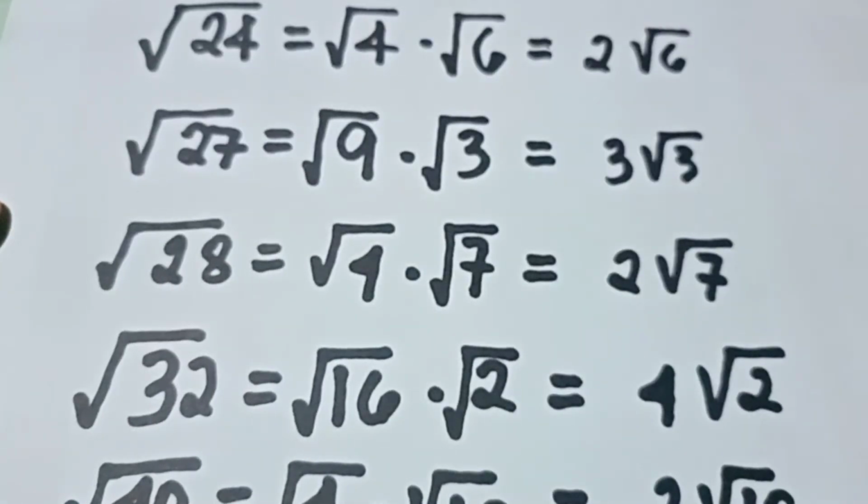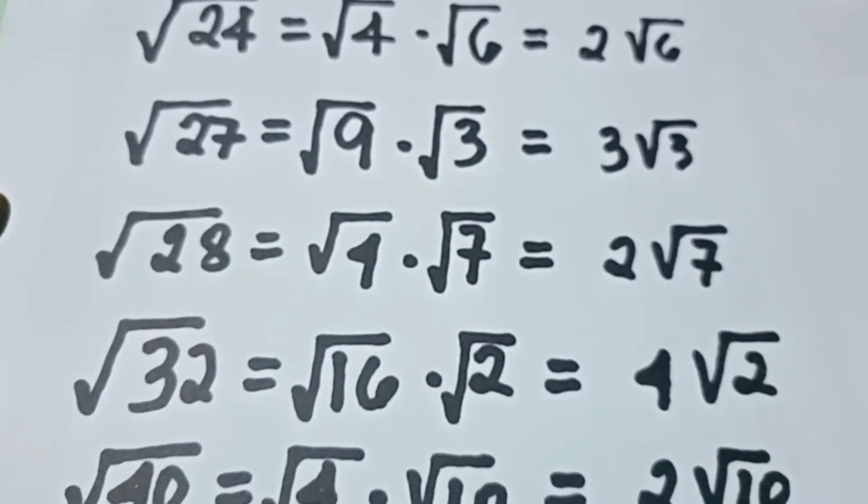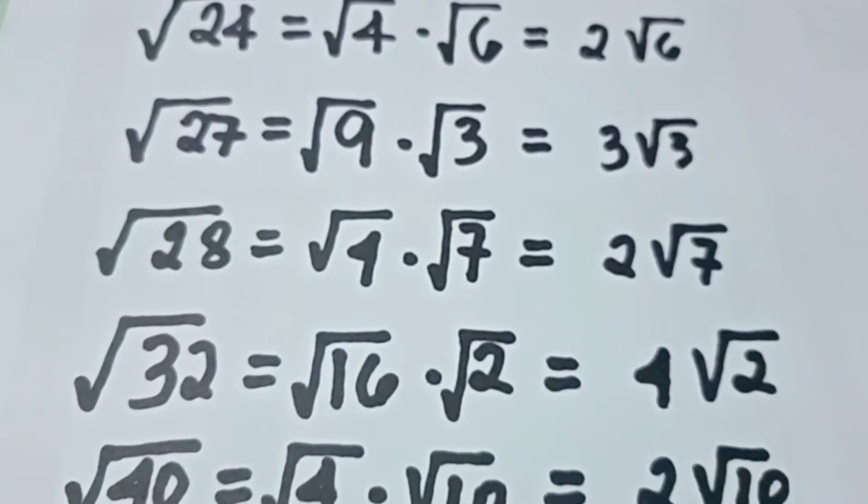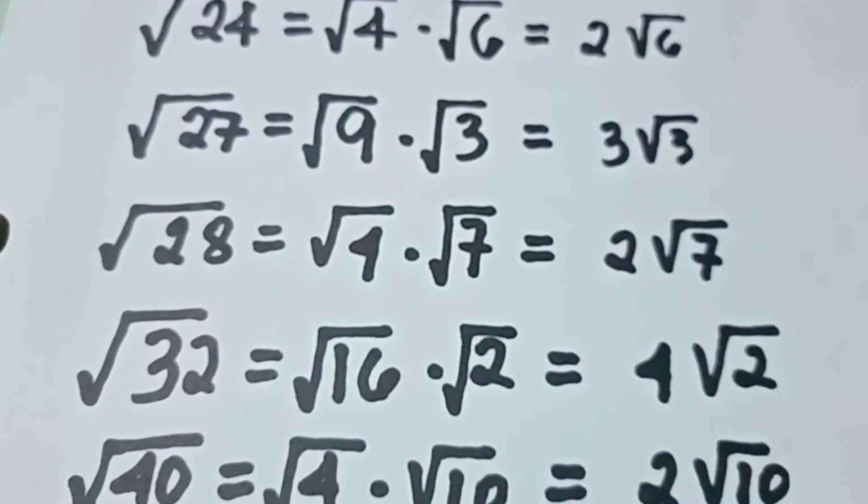Next, square root of 24 equals square root of 4 times square root of 6 equals 2 square root of 6. Next, square root of 27 equals square root of 9 times square root of 3 equals 3 square root of 3. Next, square root of 28 equals square root of 4 times square root of 7 equals 2 square root of 7.